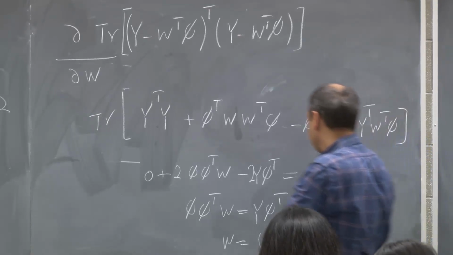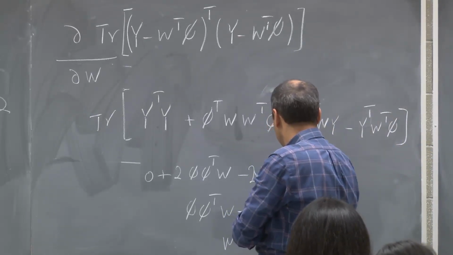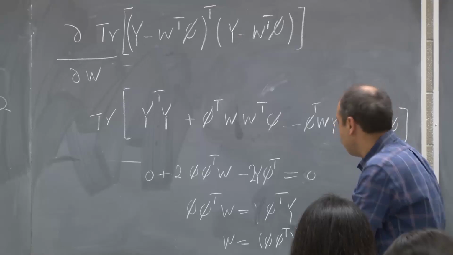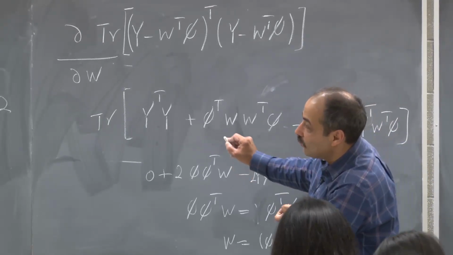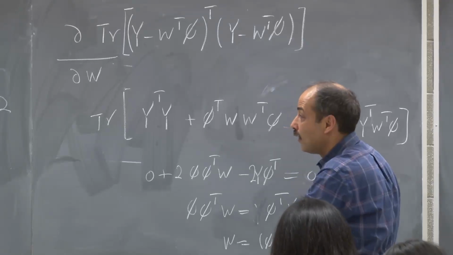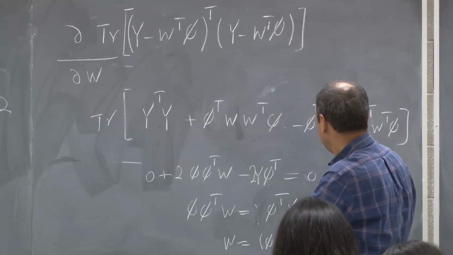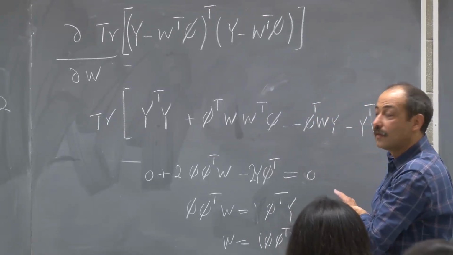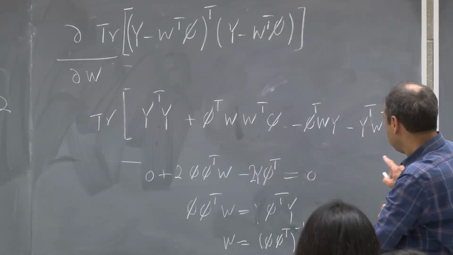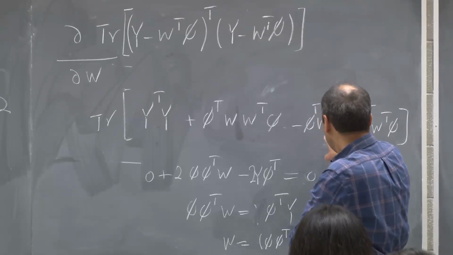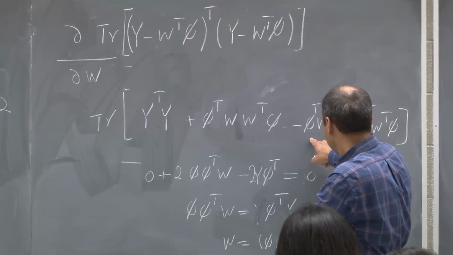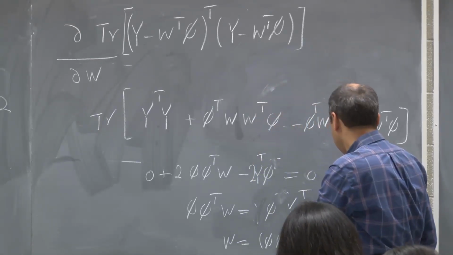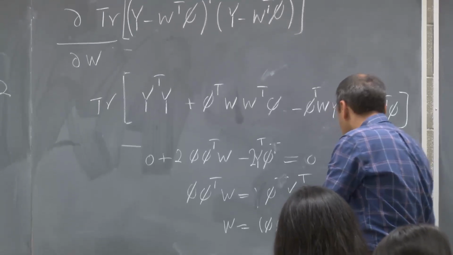I think I made a mistake here. Let me see, y is k by n. We made a mistake in this transpose here. It should be phi y transpose.